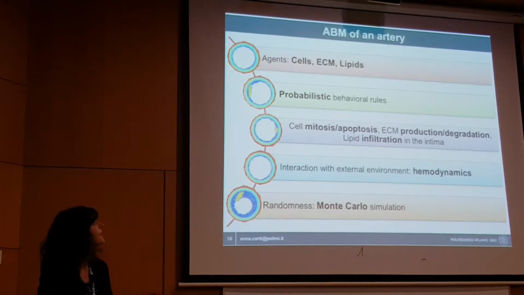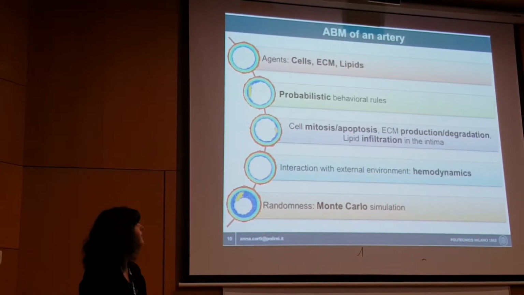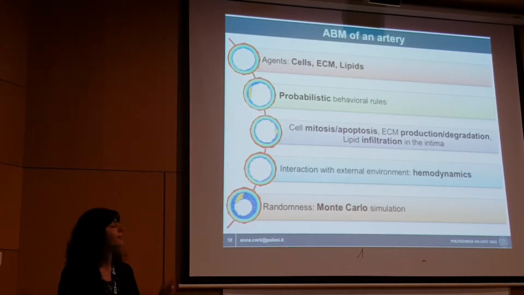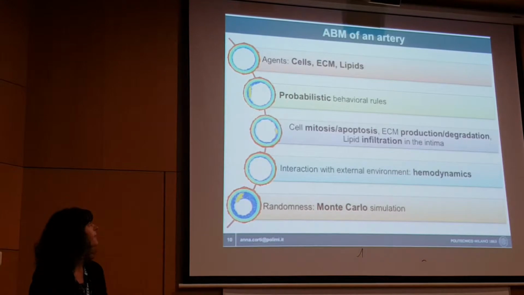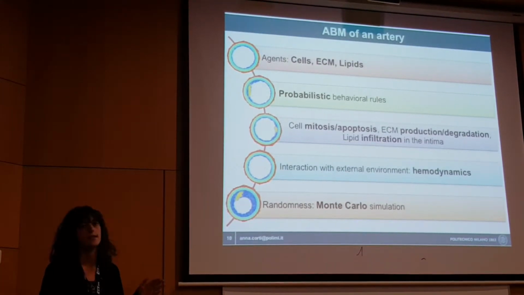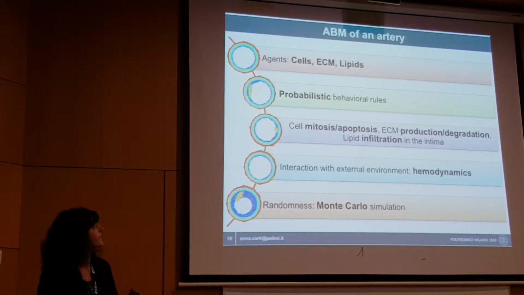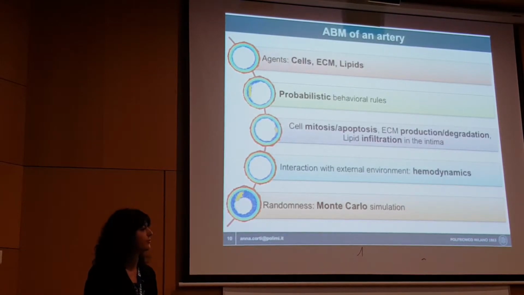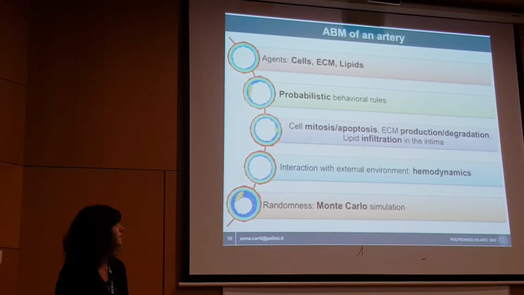So first of all, the agents were cells, extracellular matrix, and lipid elements, and in order to replicate their behavior, probabilistic rules were applied. By implementing these rules, the model replicates cell mitosis and apoptosis, extracellular matrix production and degradation, and lipid infiltration in the intima, which are the main events involved during the atherosclerotic process.